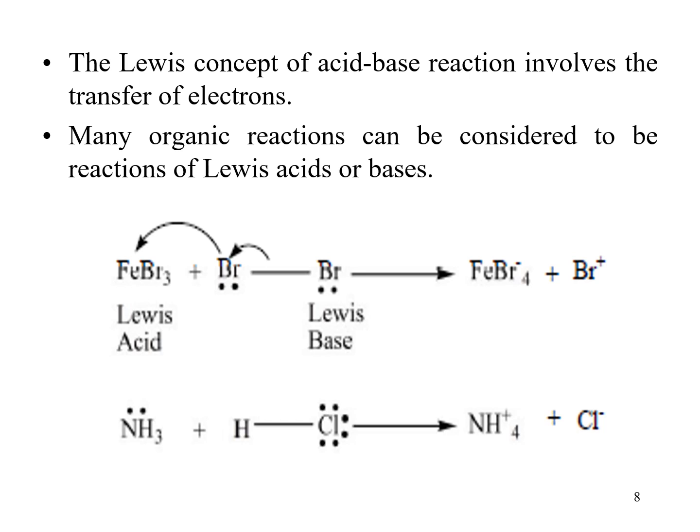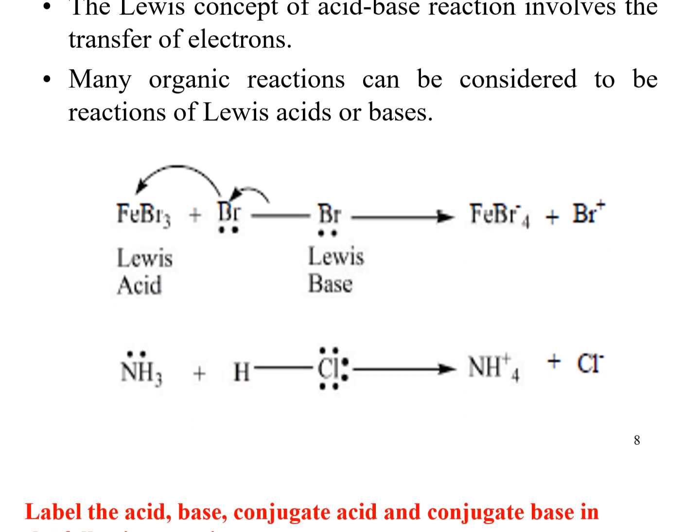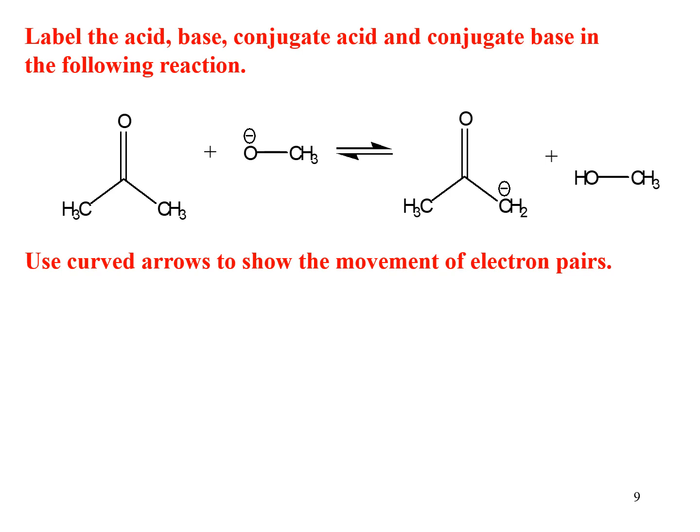When the electron pair is accepted, this lone pair of electrons in ammonia becomes ammonium and chlorine becomes a base. Now, this base is going to give birth to a conjugate acid, and acid is going to give birth to a conjugate base, according to Lewis acid-base reaction.